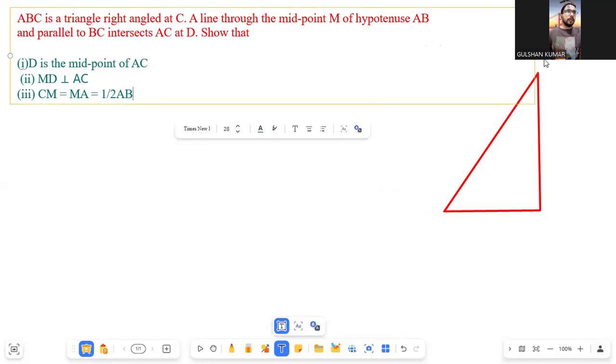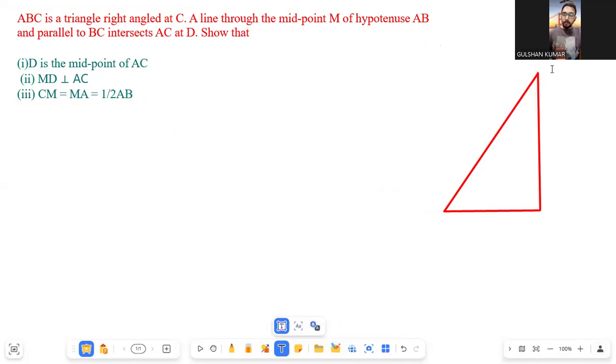So we have to name it. Here we have A, and B will be this one, and capital C. This one is C, which is at the right angle.